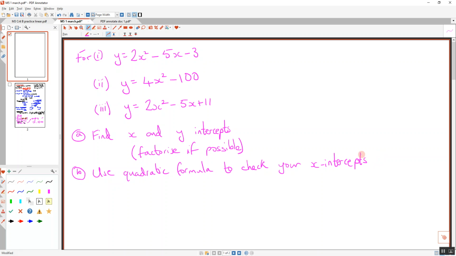Or it may be the case that you can't factorize it, so you have to use the quadratic formula anyway. I want you to put each equation in vertex form, and hence find the vertex.